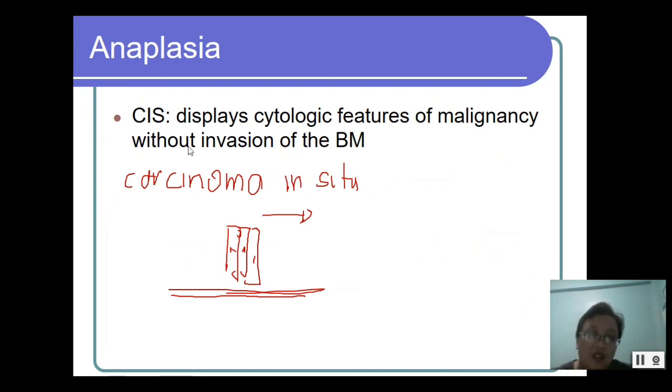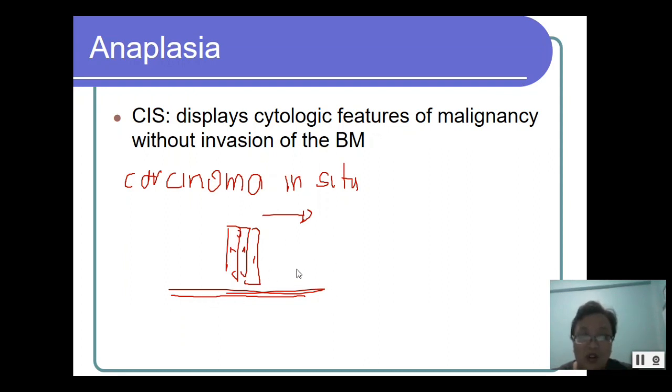Now, there's a term that they use, CIS, or carcinoma in situ. This displays a cytologic feature of malignancy without invasion of the basement membrane. We studied the epithelium, simple columnar. It has a free space and it is sitting on a basement membrane.